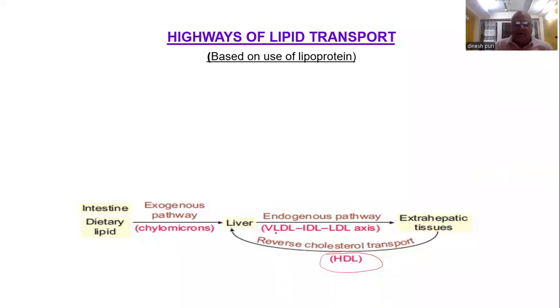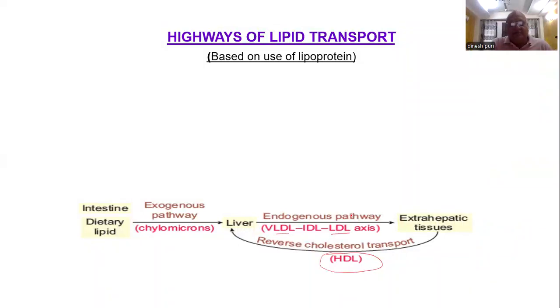Some other lipoproteins, VLDL, LDL, etc., also participate in reverse cholesterol transport, although in an indirect way. Their main function is to carry lipids from liver to the extrahepatic tissue, but we are going to see how they indirectly participate in cholesterol disposal.